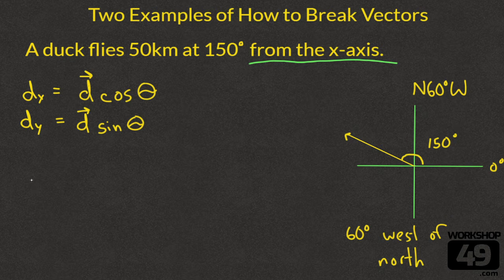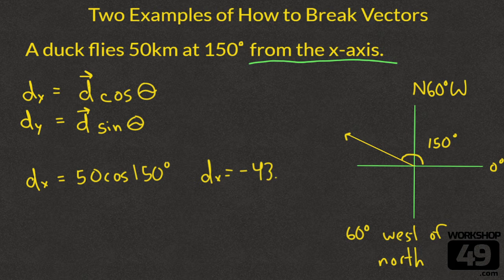And we can go ahead and write this out so that our dx, our left-right component, is going to equal 50 cos 150 degrees. Which is going to equal negative 43.3 kilometers. Negative.